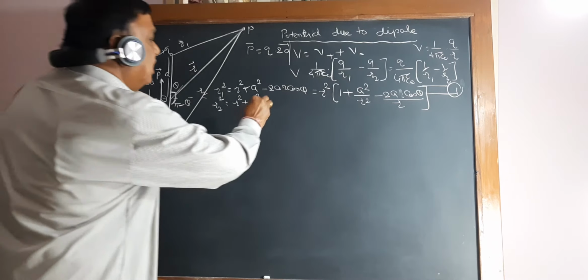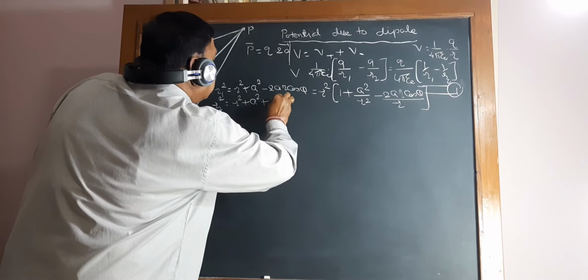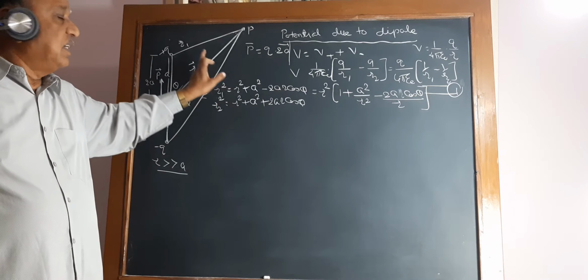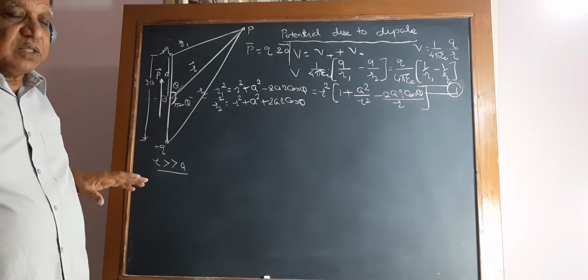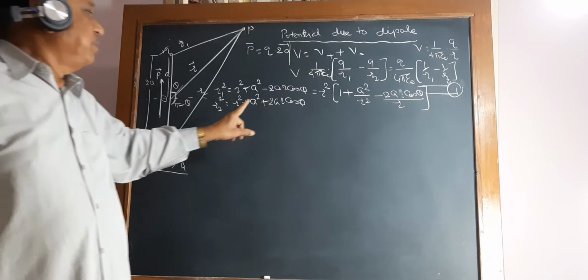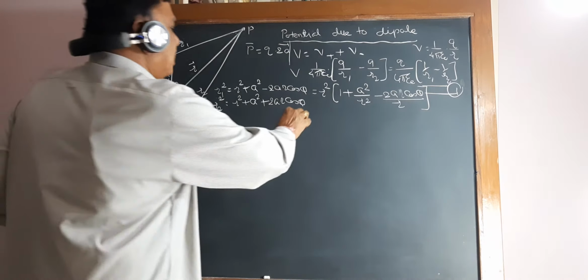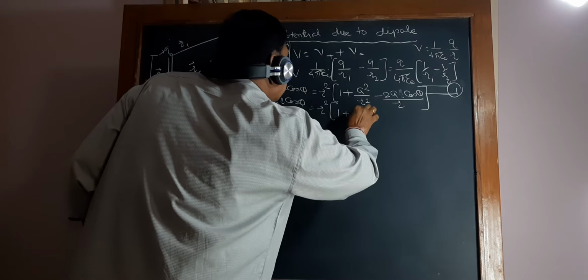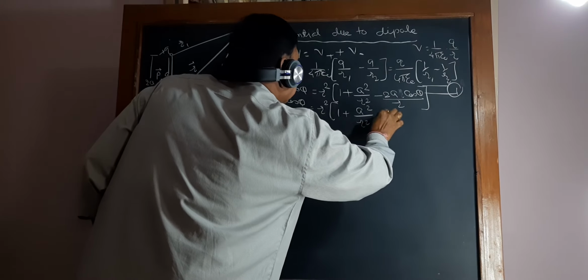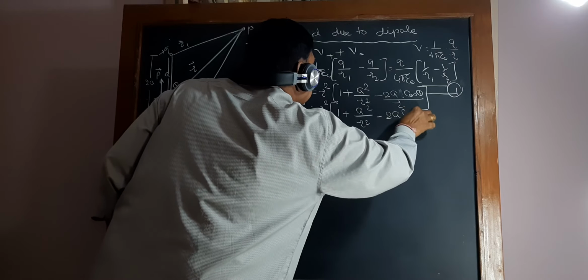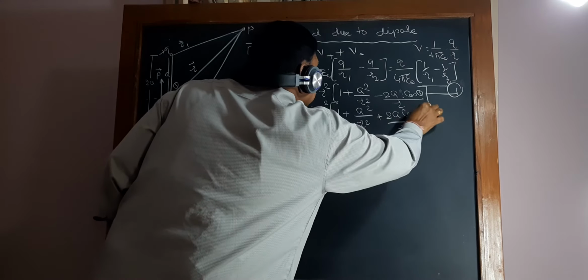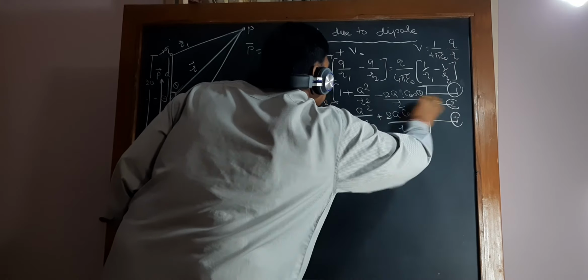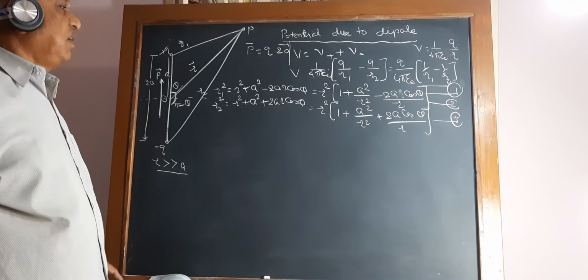Here there is a minus sign, but here it is pi minus theta, so the final answer is plus 2AR cos theta. Again as above, R square 1 plus A square by R square minus 2A cos theta by R, plus equation 2 and 3.